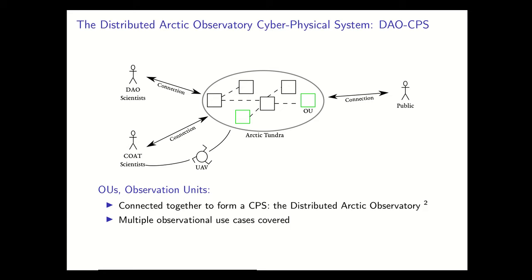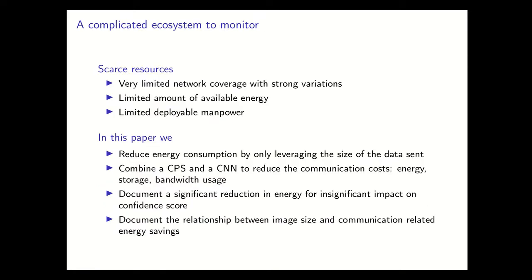So the Arctic tundra is a complicated ecosystem to monitor because obviously it has some restrictions in terms of resources. The first one is that there is a very limited network coverage with very strong variations. The second one is obviously the fact that the energy available at each node is very limited and that normal energy harvesting solutions won't work in such a context.